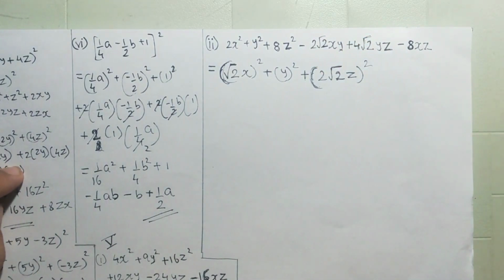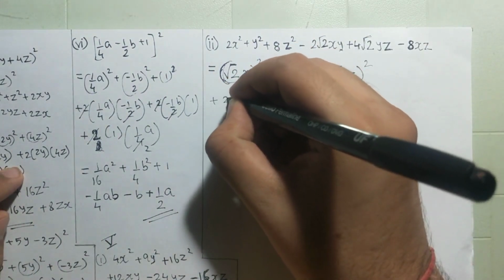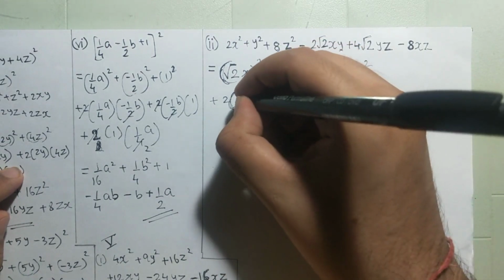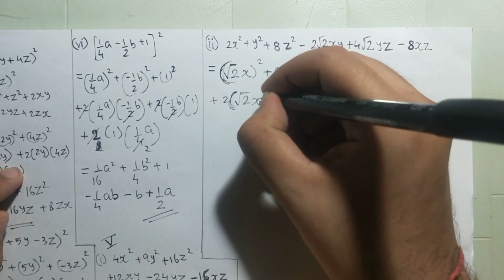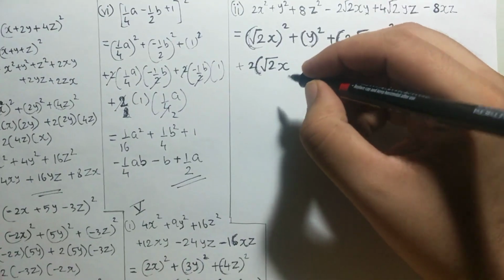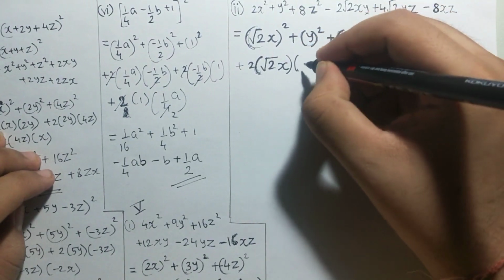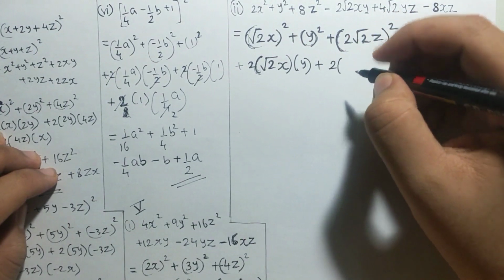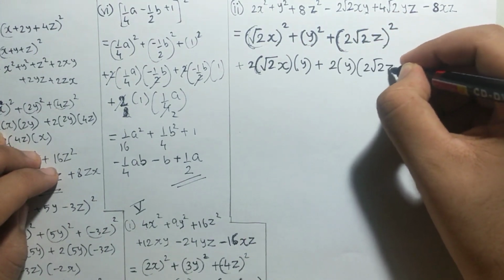Now ignore the last three terms. Plus 2 multiplied by first term. What is my first term? That is root 2x. 2 multiplied by root 2x first term, and the second term is y, plus 2 multiplied by second term, that is y, into third term, that is 2 root 2z.